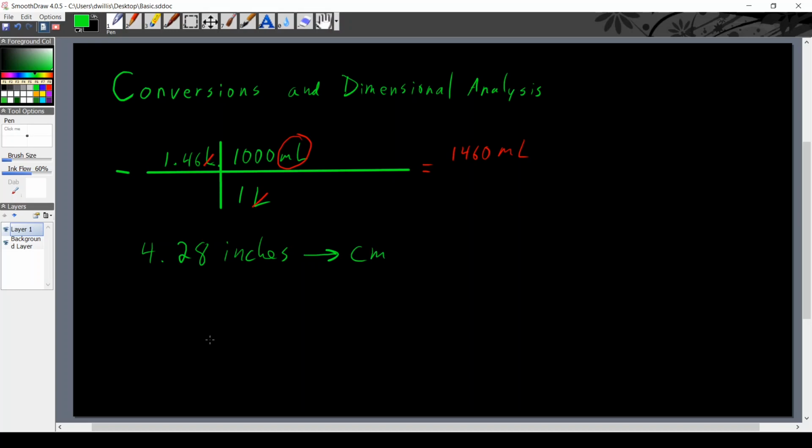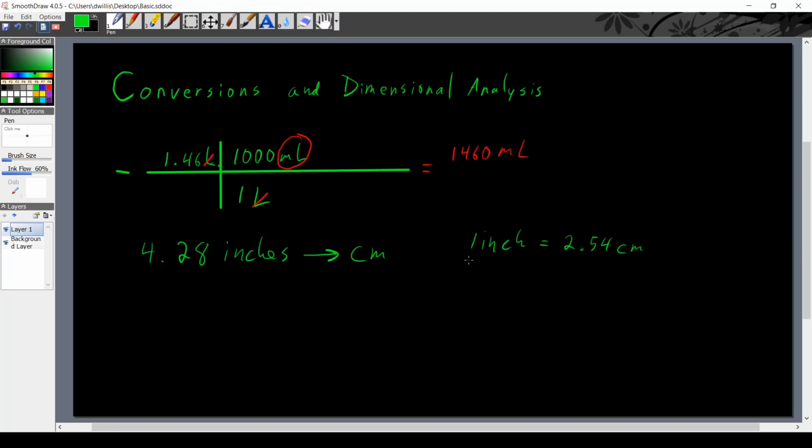Okay. Now I will tell you, and you would have to know the equivalent conversion for inches to centimeters. So I will go ahead and tell you that 1 inch is actually defined as being 2.54 centimeters.